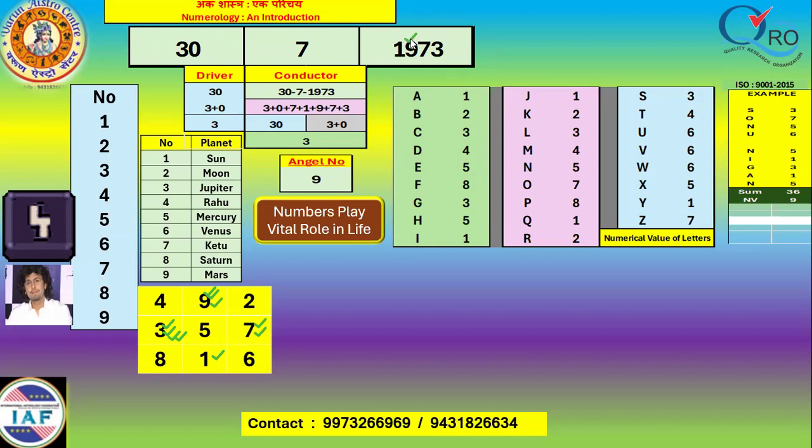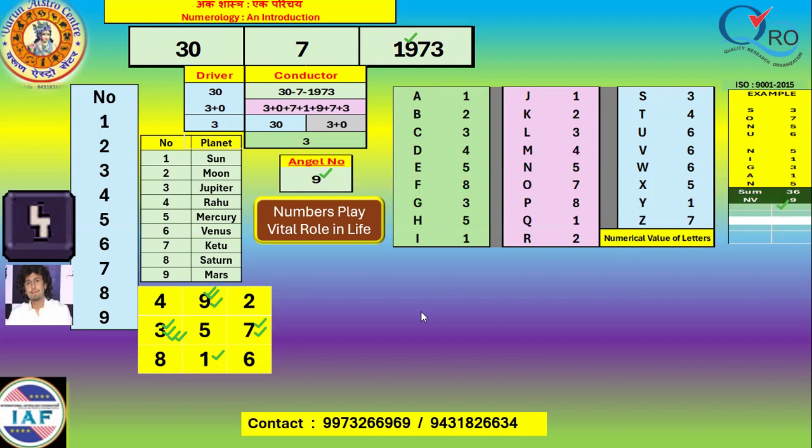First 9 is this one, second 9 is this one, and third 9 is from the name. In this way, we see that many of the number boxes are empty, only few are filled in.